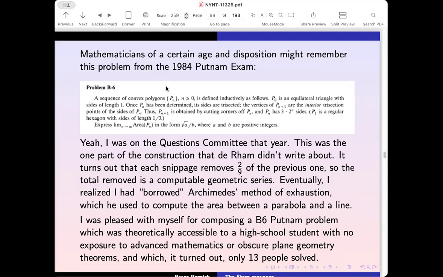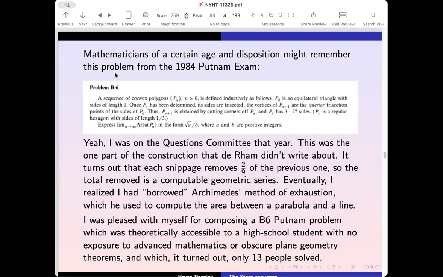Each snippage removes 2/9 of the previous one, and the total removed is a computable geometric series. Eventually, I realized that I had borrowed Archimedes' method of exhaustion, only steal from the best. But I was pleased with myself for being able to write a B6 Putnam problem theoretically accessible to a high school student with no exposure to advanced mathematics or obscure plane geometry theorems, one of the problems I have with the Olympiad, and which it turned out only 13 people solved.